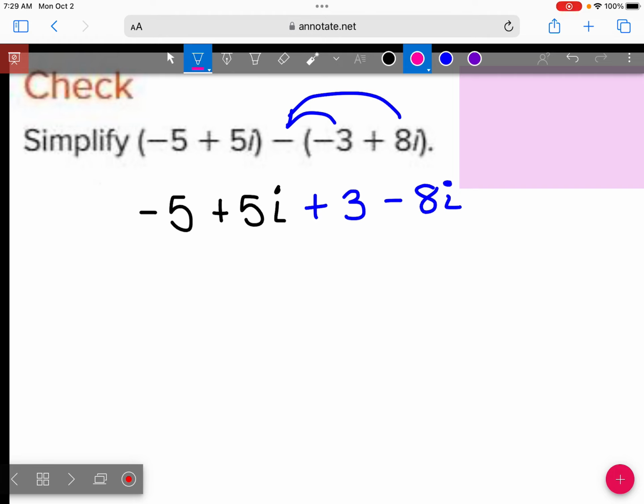From here, we're combining our like terms. I have minus 5 and plus 3, giving us minus 2. And 5i minus 8i, giving us minus 3i.